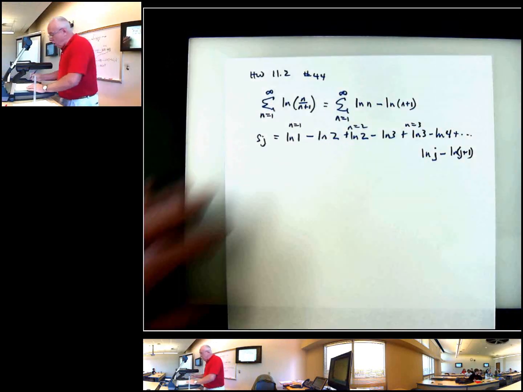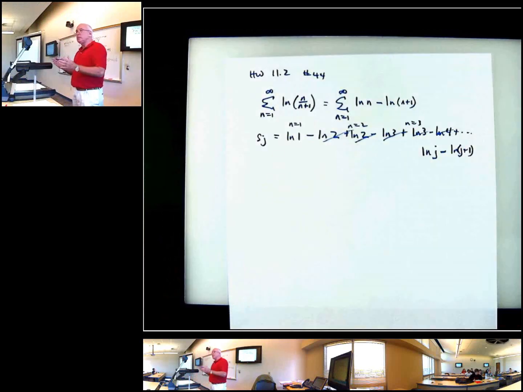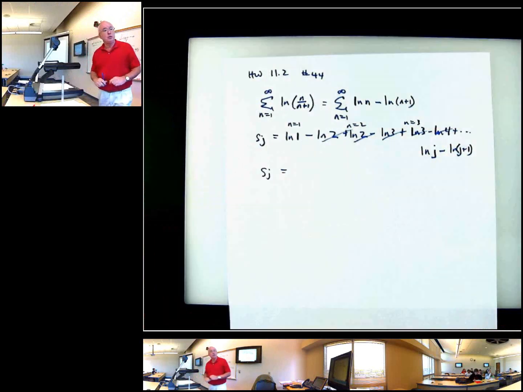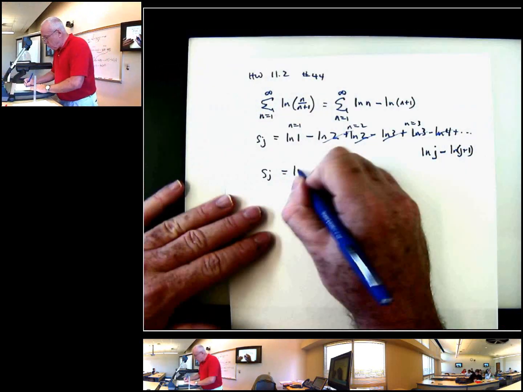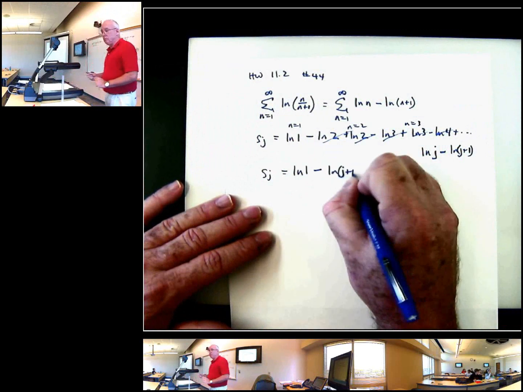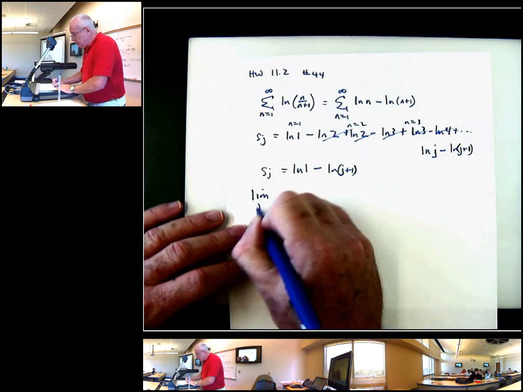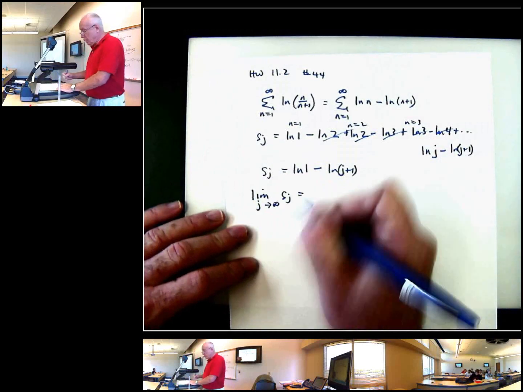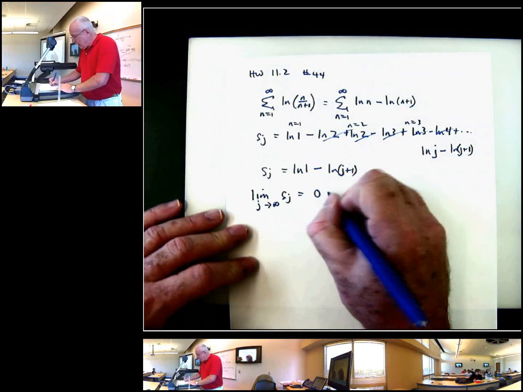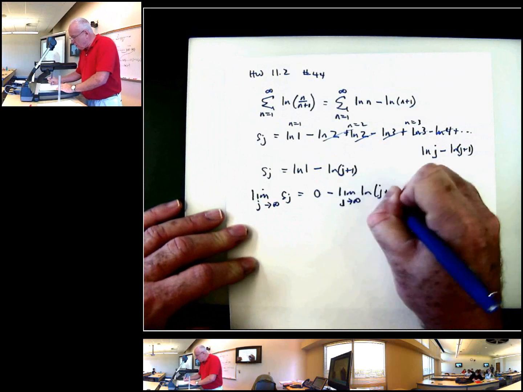If you see here, all the middle terms, they say telescoping, will cancel each other out. So all we're left with in this partial sum of j terms is the first term, ln of 1, minus the ln of j plus 1. To look at the series limit, we take the limit as j goes to infinity. The ln of 1 is 0, and so we have minus the limit as j goes to infinity of the ln of j plus 1.